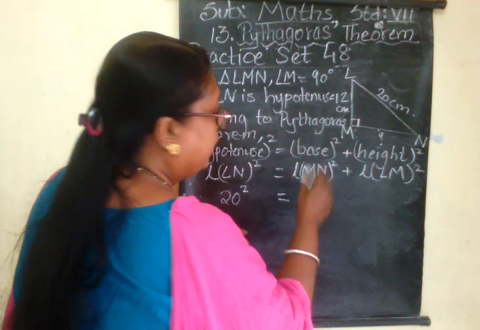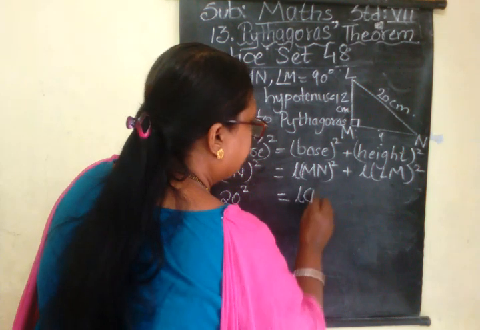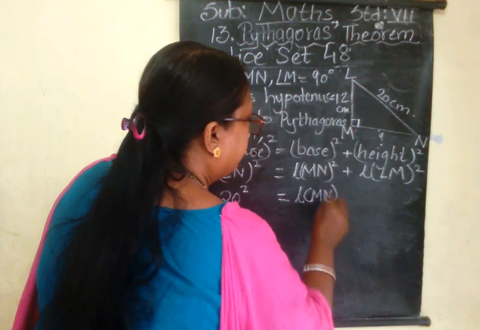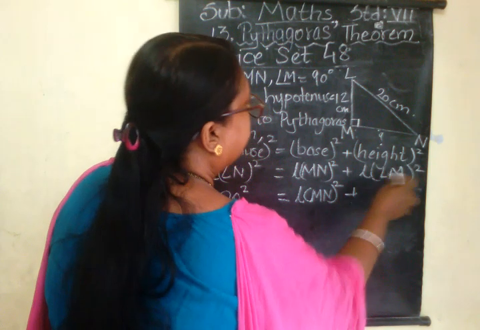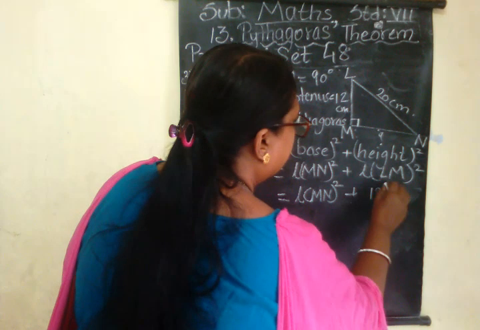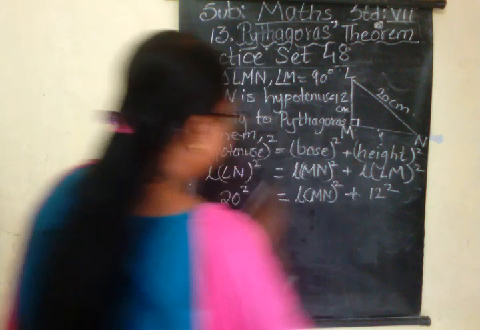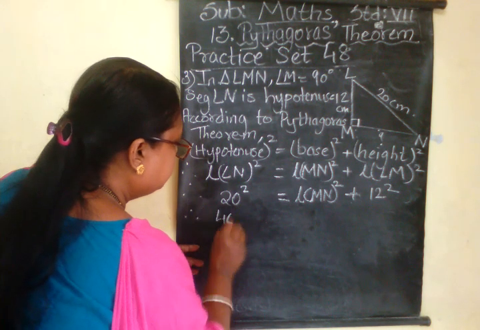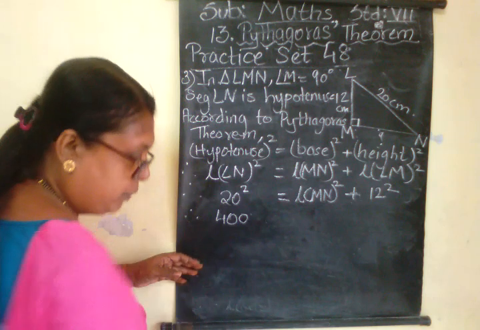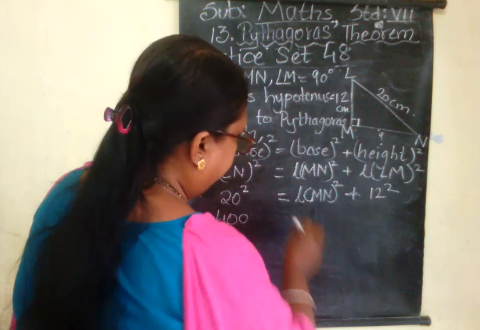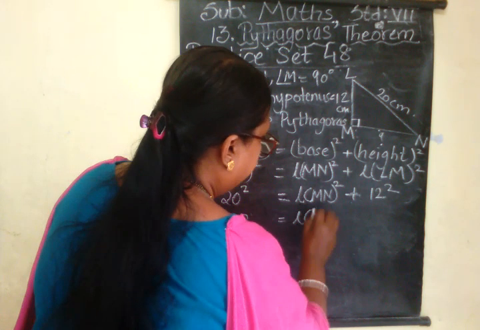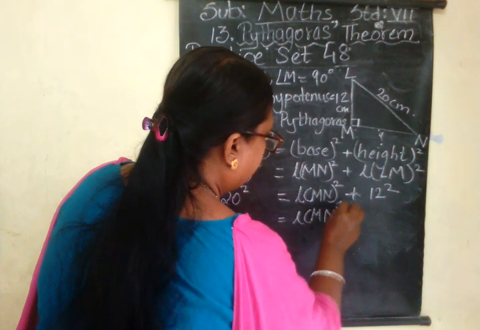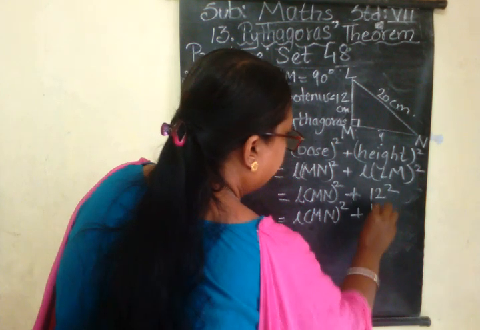We do not know MN, so I will write MN as it is. Plus LM is known, that is 12 centimeter, right? So therefore you get 20 square as 400, equals length MN square plus 144.